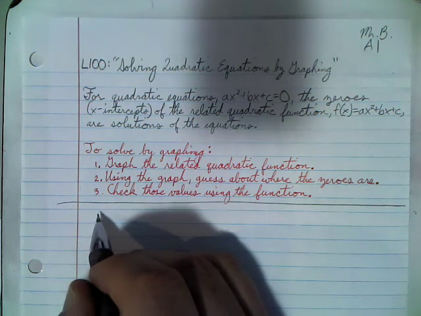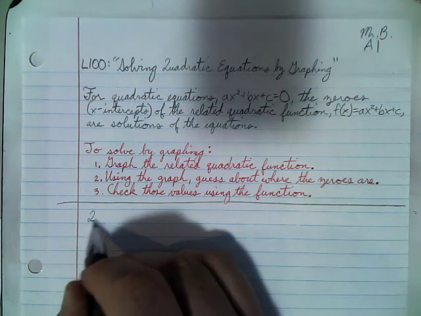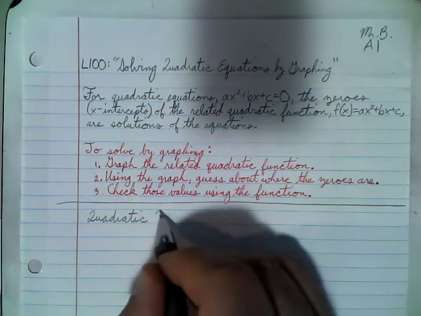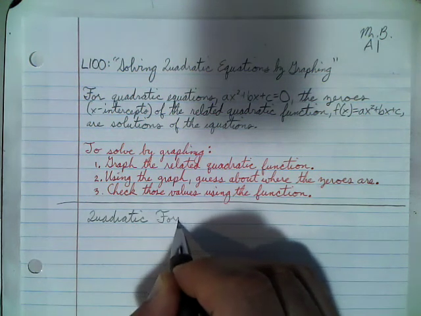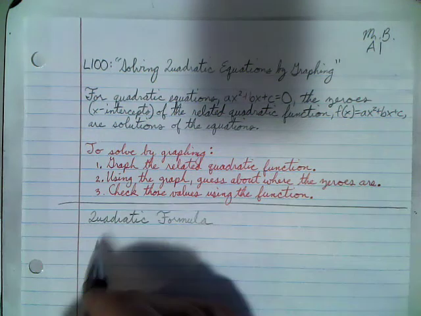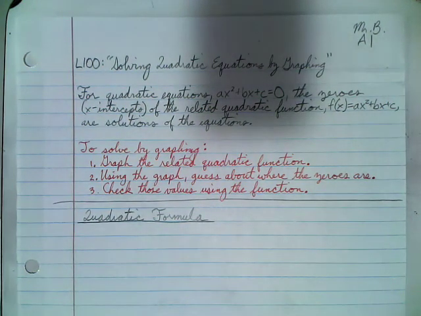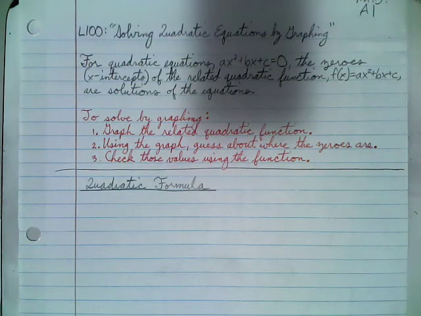And so I want to take the rest of this video to review the quadratic formula. And so this is a more algebraic way as opposed to a graphical way of solving for those zeros.